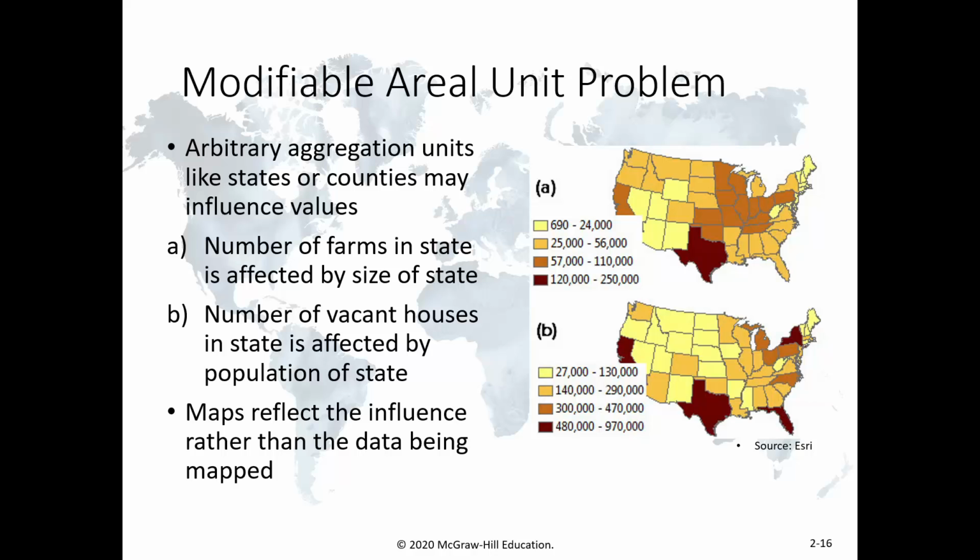When the measurements and aggregation units are arbitrary shapes, meaning that there's no standardized size or shape for the polygon being represented on the map, the size and shape of those units will definitely influence how the recorded values are portrayed on a map. In general, units with larger areas or units that have higher values tend to show up and be more distinct on maps, which can definitely skew how we view our data.